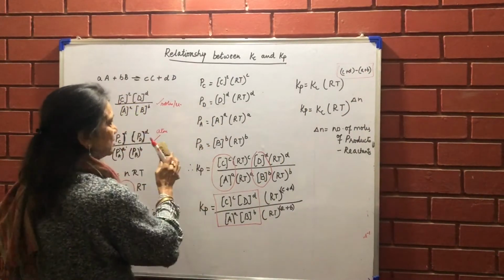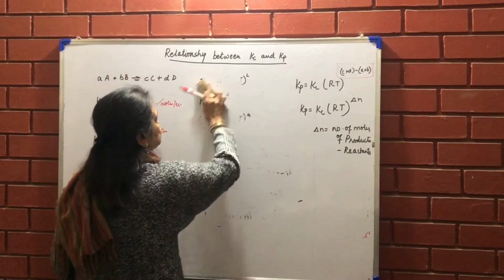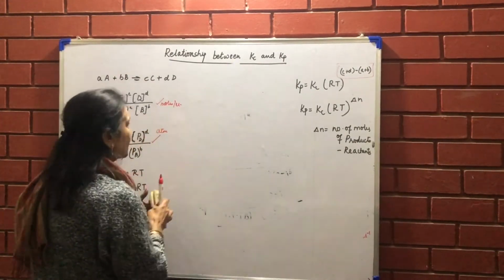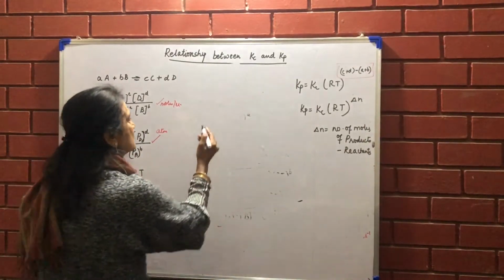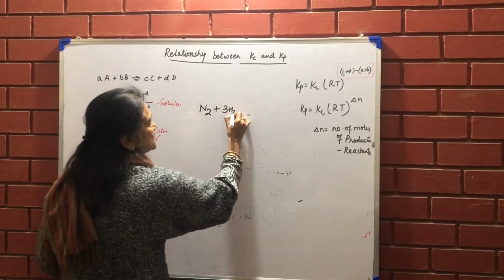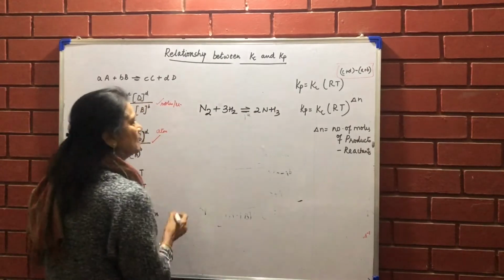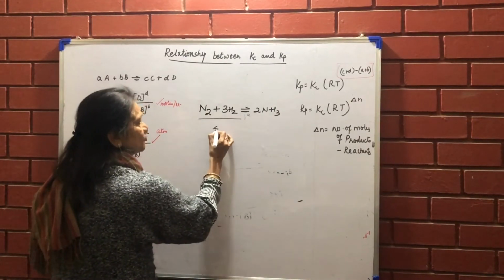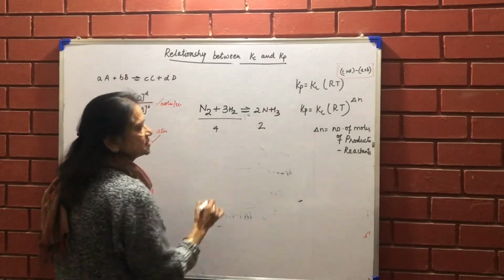Supposing I write down an equation, I'm writing the same equation again: N2 plus 3H2 gives you 2NH3. Number of moles of reactant is 4, 1 plus 3. Moles of product is 2.